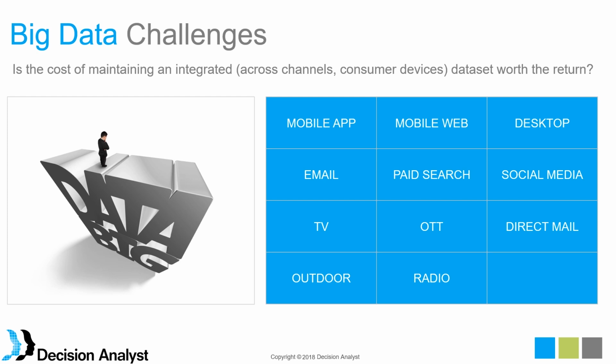The question becomes, is it worth a return? Is the cost of building this data set worth the return? And so what we would propose is that one can start with the online data and build on top of it step by step and do the attribution modeling along the way to understand how much attribution the offline data sources get, versus online, for the final purchase.